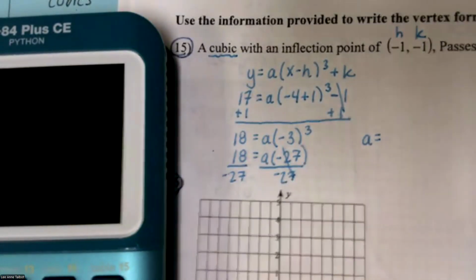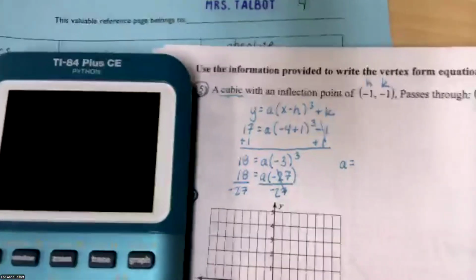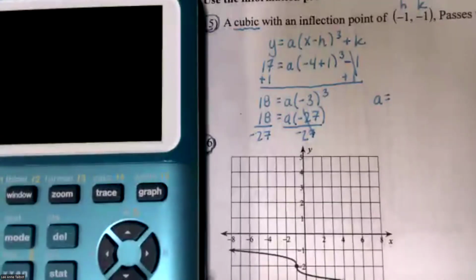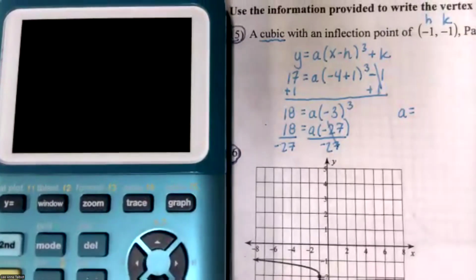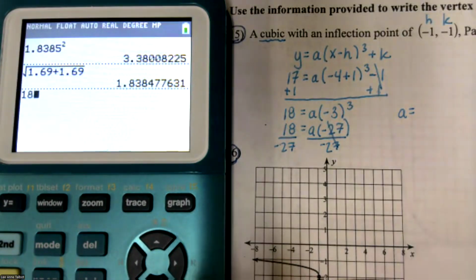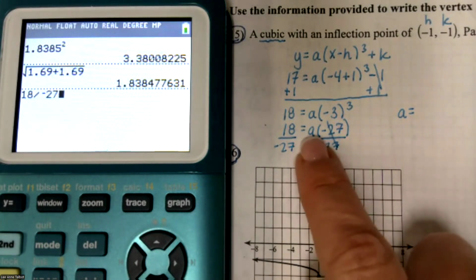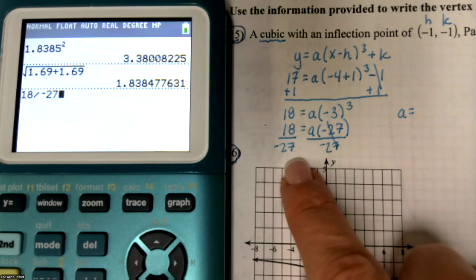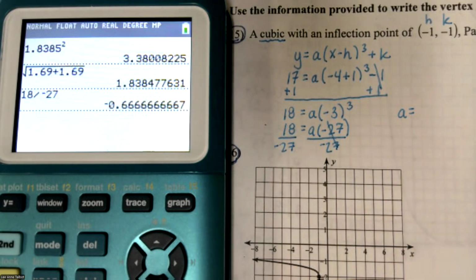Okay, now let's review how to reduce a fraction on the calculator real quick. First of all, you should know 9 goes into both of these. This is not really one that's necessary, but let's just go over it again. So I'm doing 18 divided by -27 right here. Horrible, disgusting, repeating decimal that I hate. What do I push?